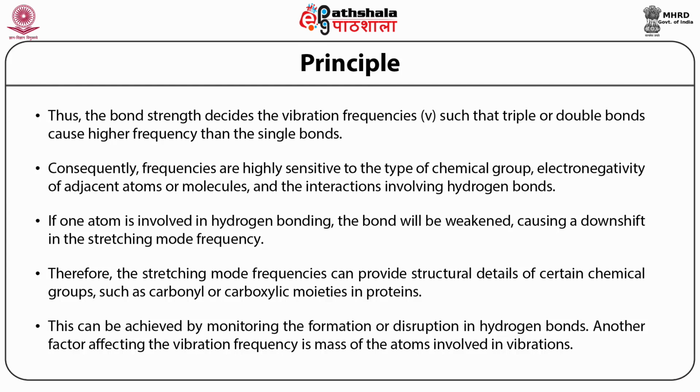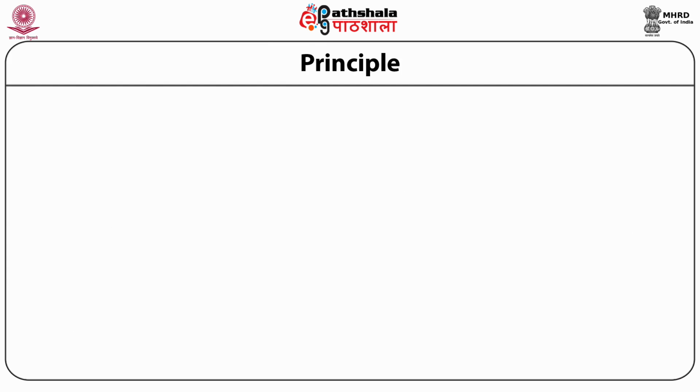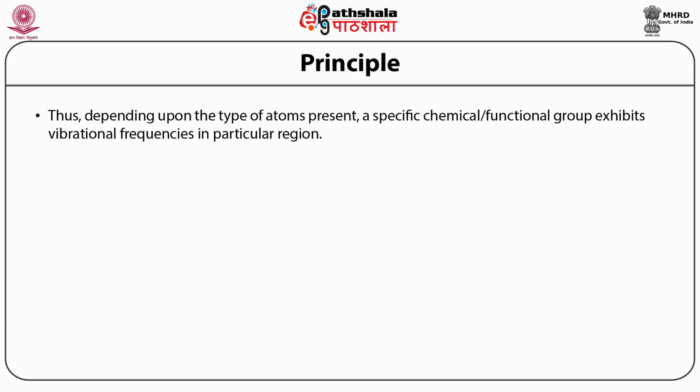Another factor affecting the vibration frequency is mass of the atoms involved in vibrations. Consequently, the vibration frequency can also be altered by isotope labeling of the atoms involved. Thus, depending upon the type of atoms present, a specific chemical or functional group exhibits vibrational frequencies in a particular region.